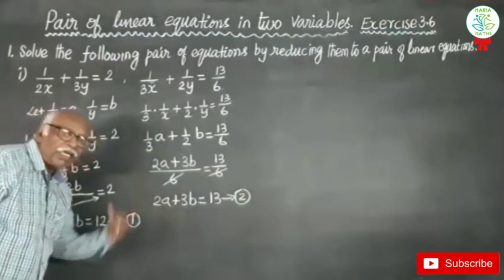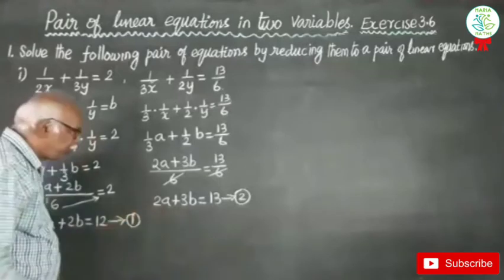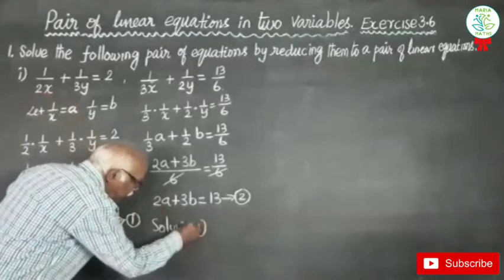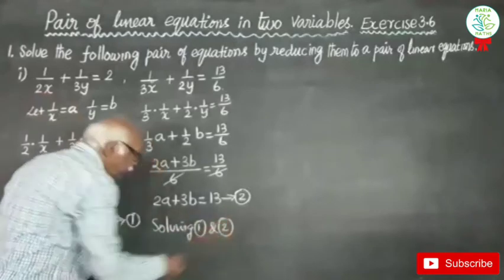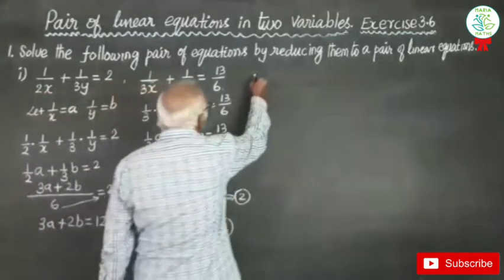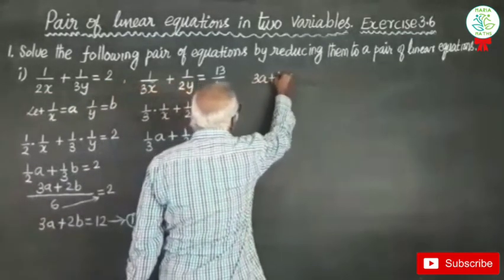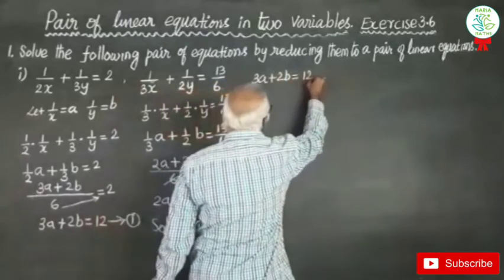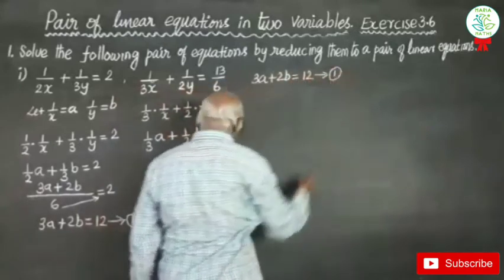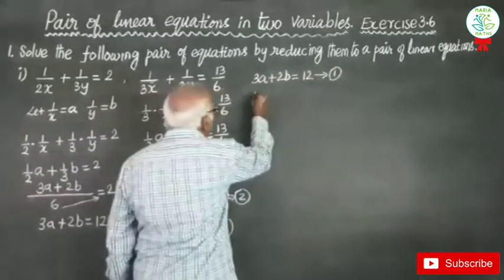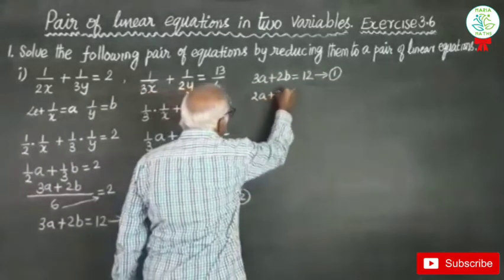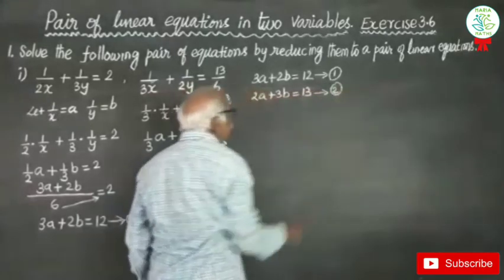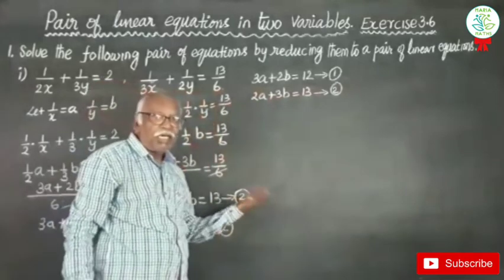The variables are a and b. Now we have to find the values of a and b. Solving equations 1 and 2: 3a plus 2b equal to 12, equation 1; 2a plus 3b equal to 13, equation number 2. We can cancel either b or a.